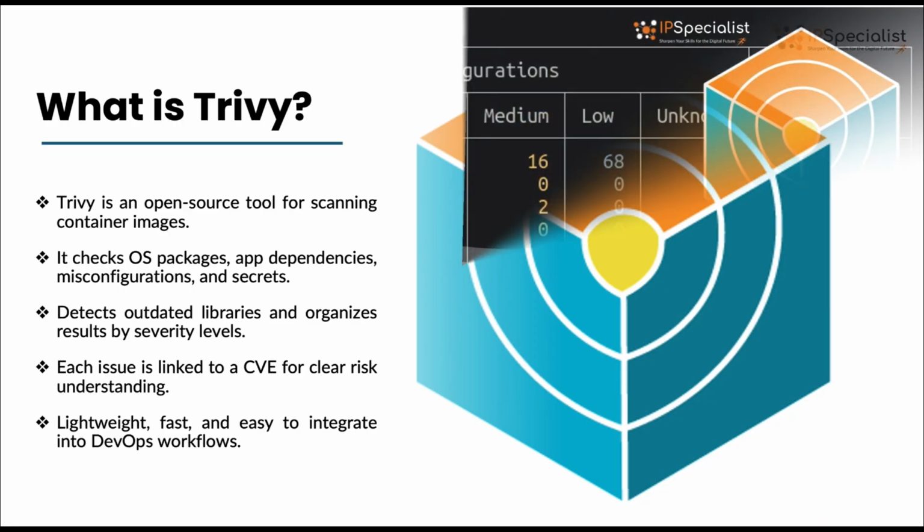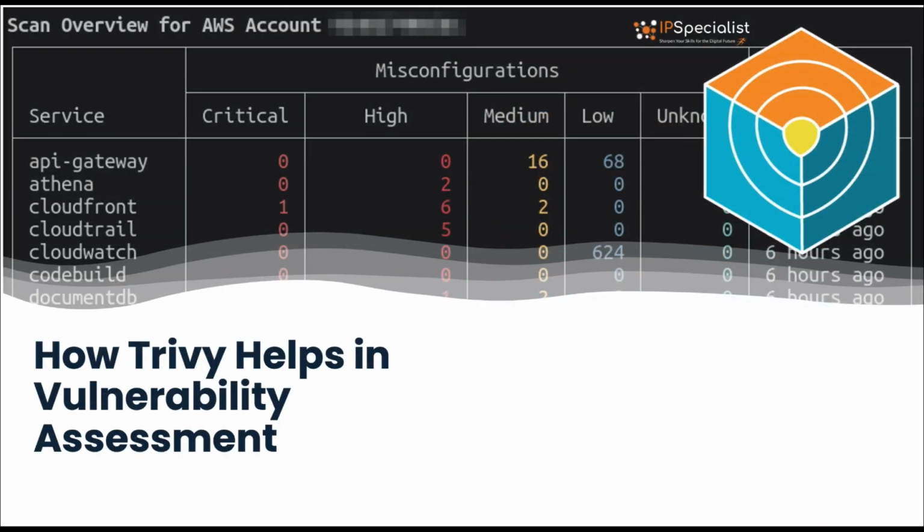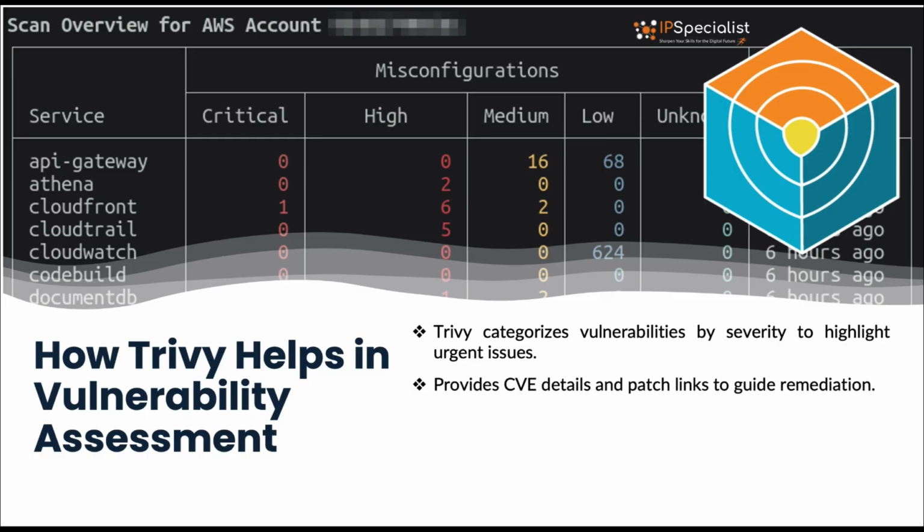Next, let's see how Trivy helps us put vulnerability assessment into practice. Trivy doesn't just identify problems, it helps you prioritize and fix them. Vulnerabilities are categorized by severity, making it clear which issues need immediate attention. It provides detailed references, including CVE numbers and links to patches, so developers know exactly how to remediate risk.